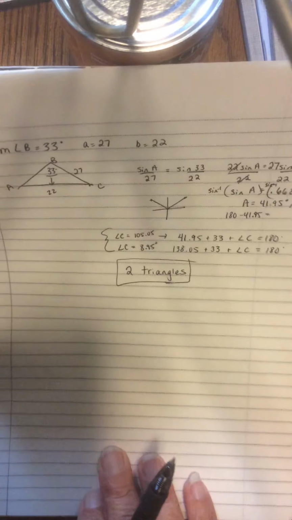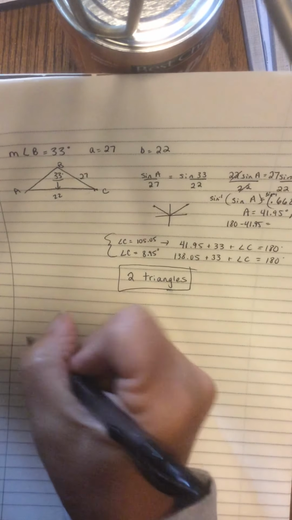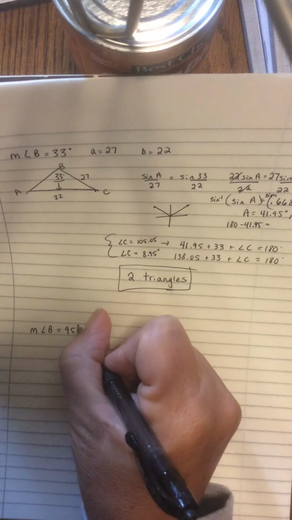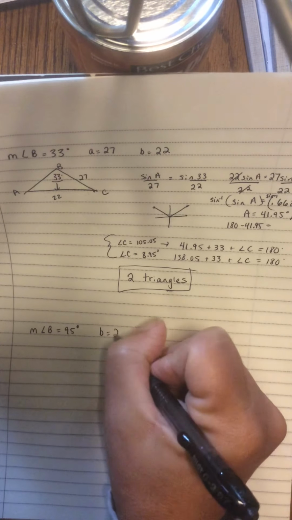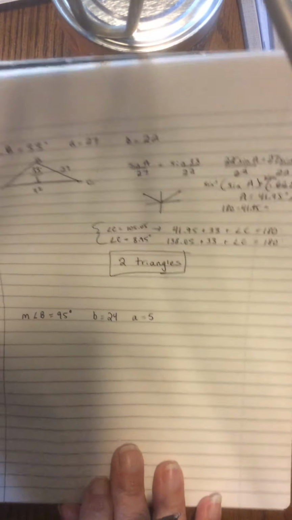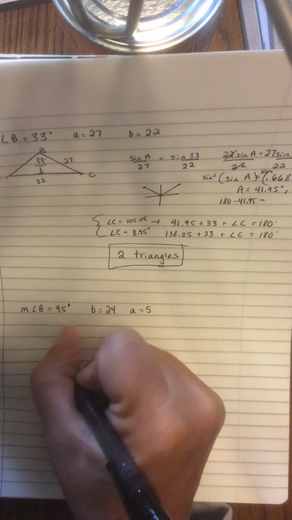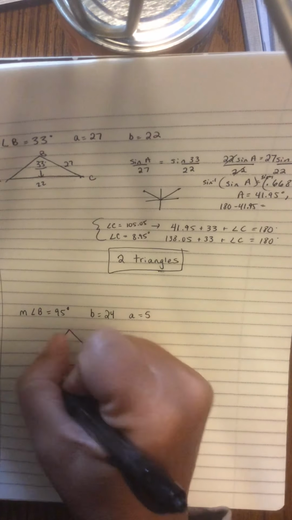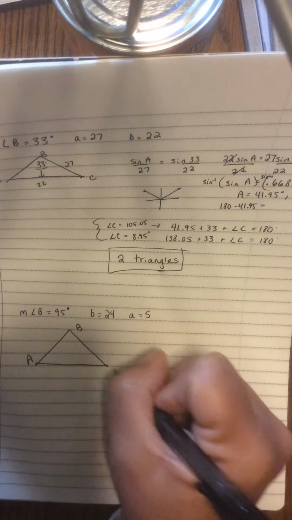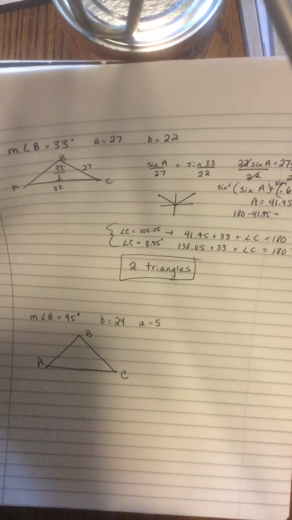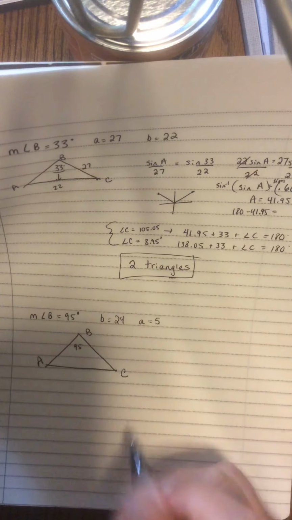Let's say I give you the measure of angle B is 95 degrees, B is 24, and A is 5. So let's just draw that out. So here's A, B, and C. Hopefully you can see that okay. So this is 95 degrees.